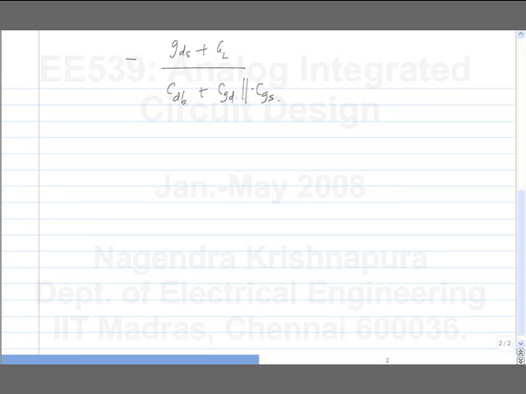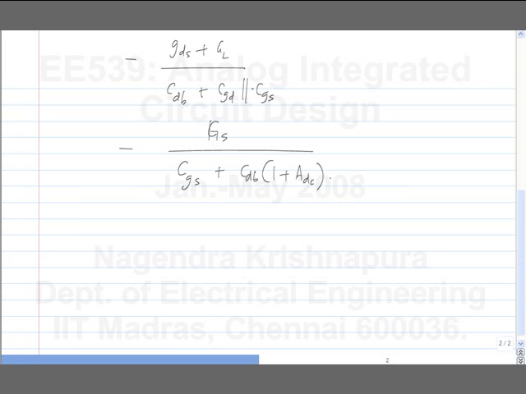And the other pole is, where ADC is the DC gain of the amplifier, that is the absolute value of the DC gain of the amplifier. Everyone agrees with this?